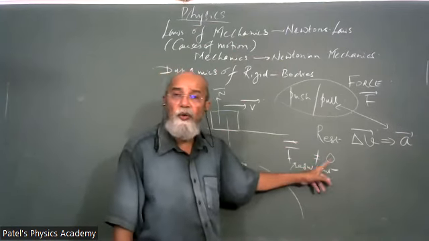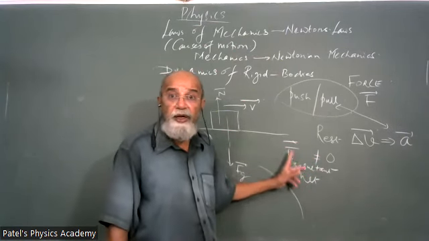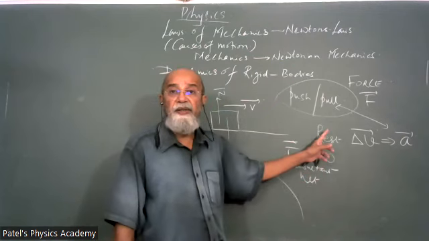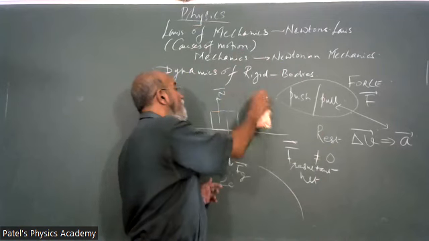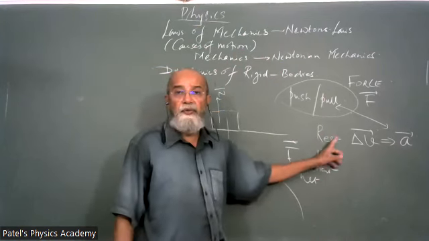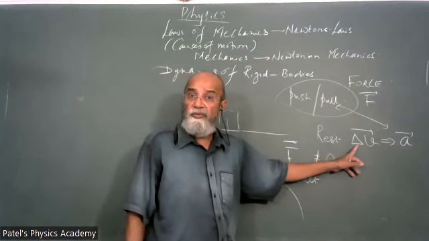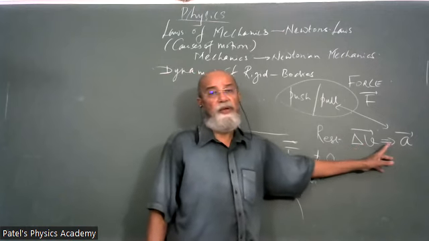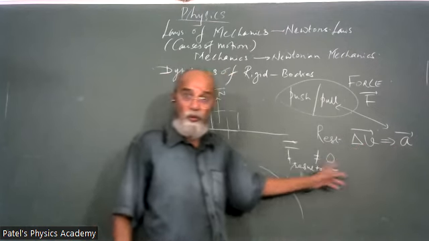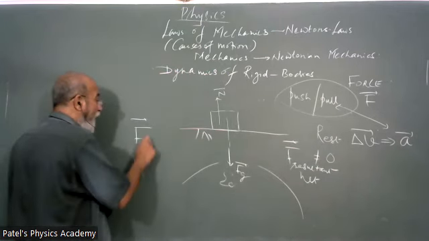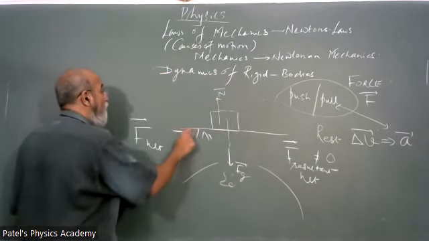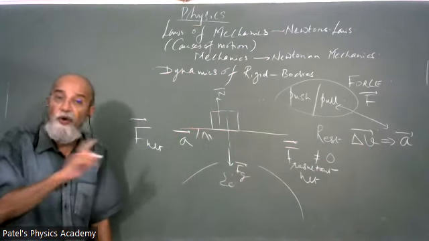It was not 0. Then if there is a resultant, then if the body is at rest, it will go through a change in motion, and hence there will be an acceleration. So Newton said that the net force has a connection with acceleration, not force.